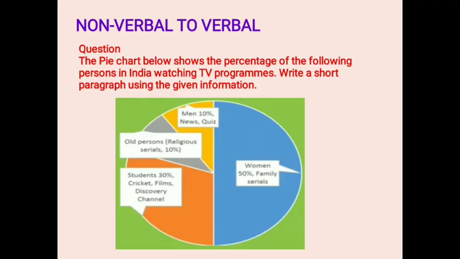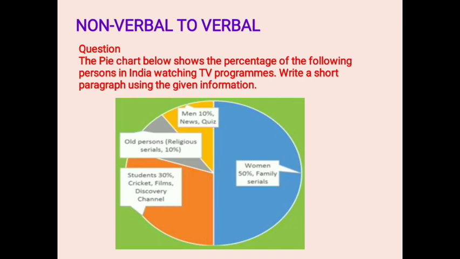Now let us solve a question set here. Non-verbal to verbal. The first question: the pie chart below shows the percentage of the following persons in India watching television programs. Write a short paragraph using the given information. So, you can see the blue portion, it shows women 50% and family serials.